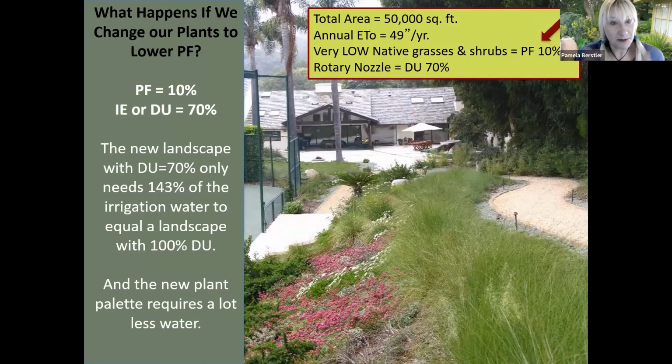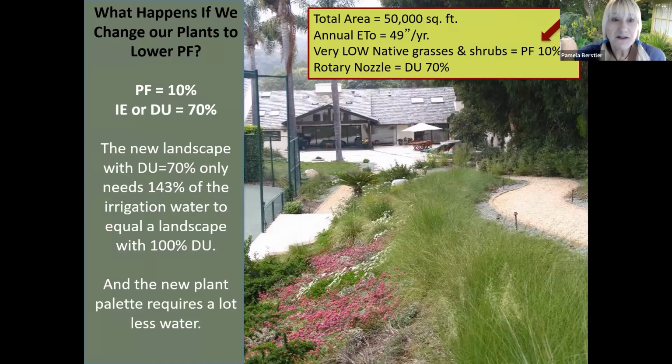But of course, the property owners don't really know what to expect. So you sit down with the piece of paper and you say, all right, we save 500,000 gallons of water per year by changing out the irrigation system. Now let's talk about what happens when we do the plant renovation. And oh, by the way, you can see actually in the final design here that some of the total landscape area actually came out.